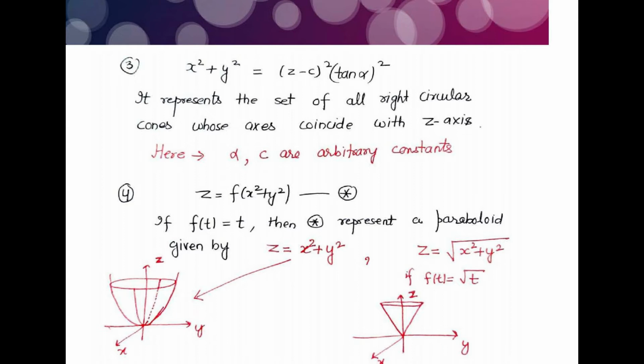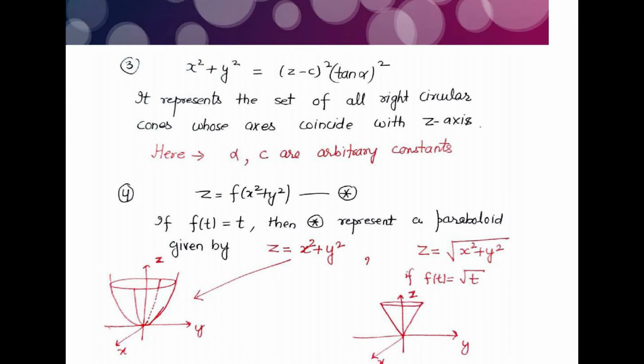Now I am taking example number 2 again, and we will try to see how this function z equal to f of x square plus y square is representing surfaces which are symmetrical about z-axis. Let f of t be t, just t function.